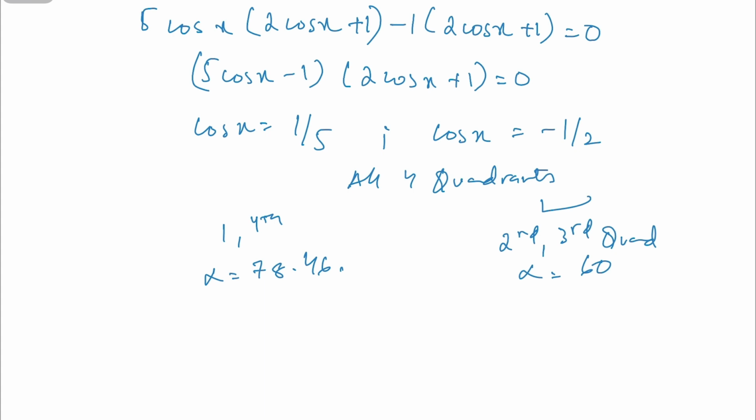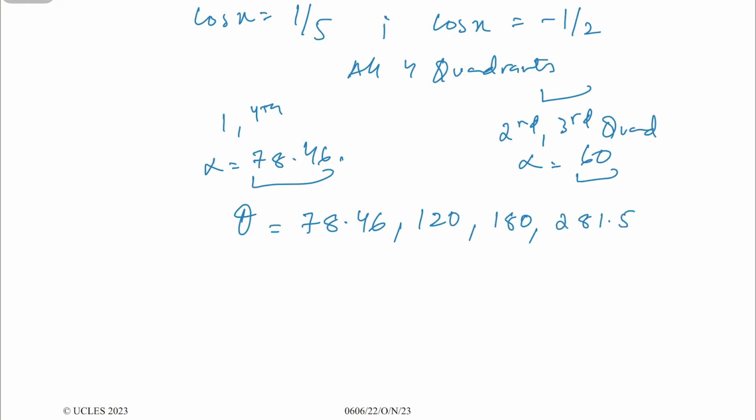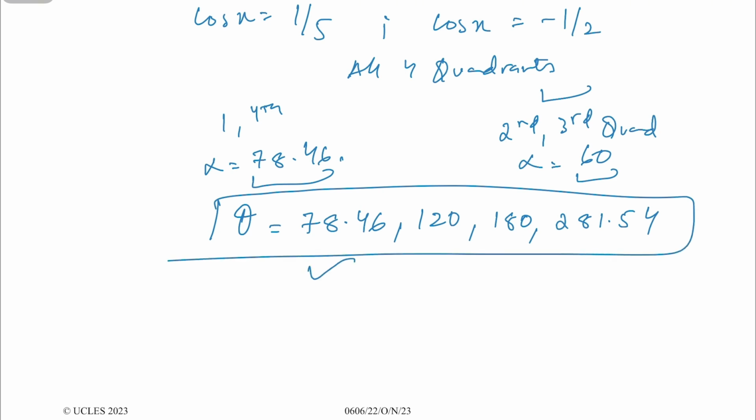So our answers would look something like this: 78.46. Second quadrant would be 180 minus 60, that would be 120. Third quadrant would be 180 plus 60, that would be 240. And our fourth quadrant would be 360 minus 78.46, and our answer would look like 281.54. So these are our final answers.